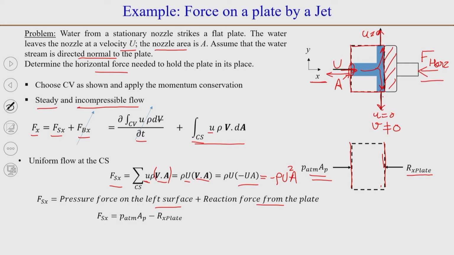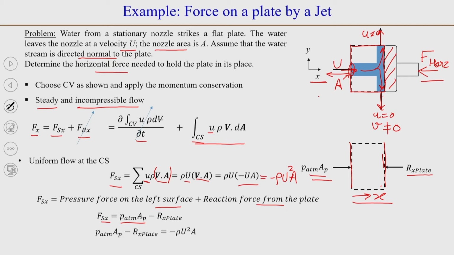Okay. So, we can write down F_sx is equal to the force due to pressure, P atmospheric into area of the plate, which acts in the positive x direction, and the reaction force, which is acting in the negative x direction. Remember that this is the positive x direction that we have chosen.